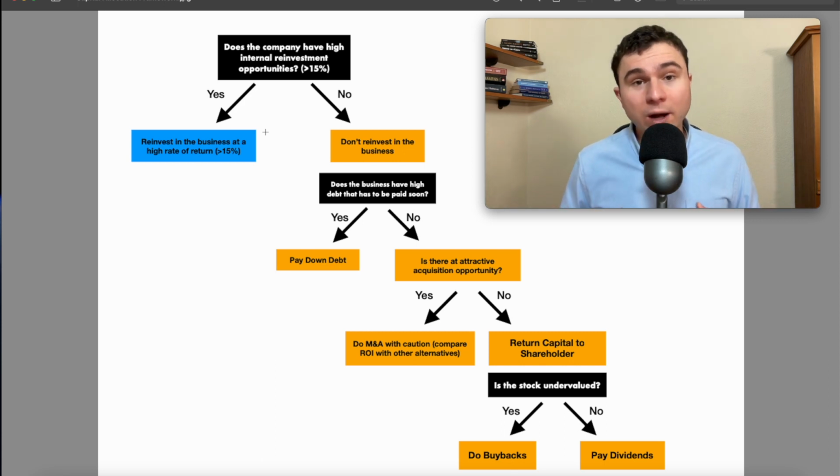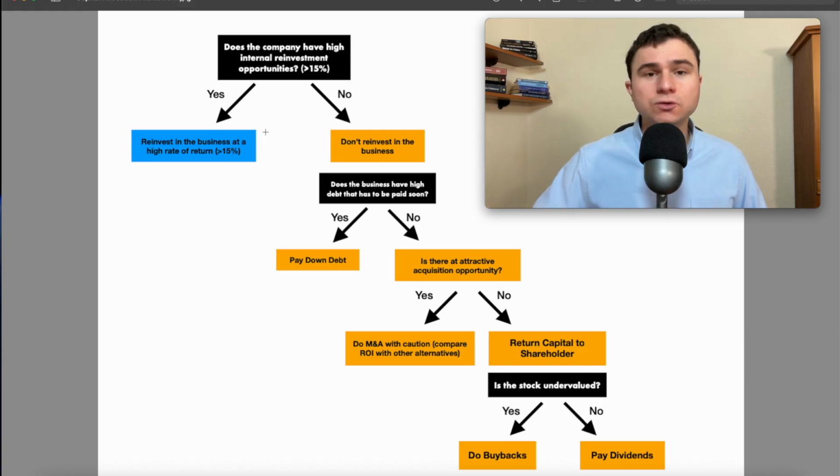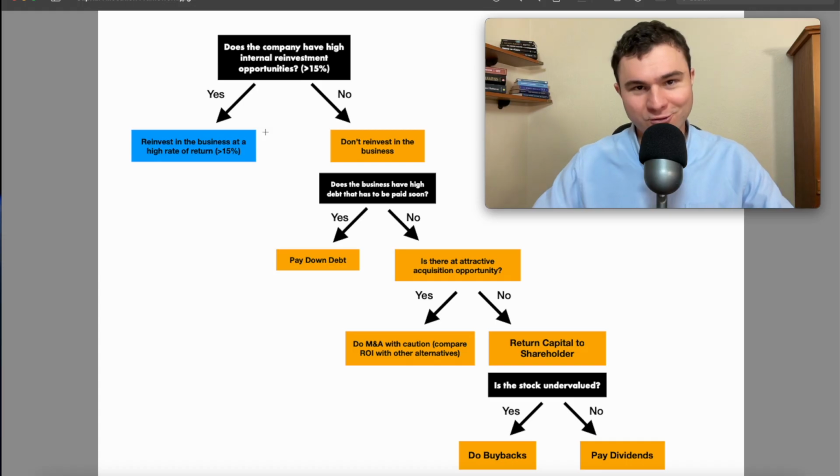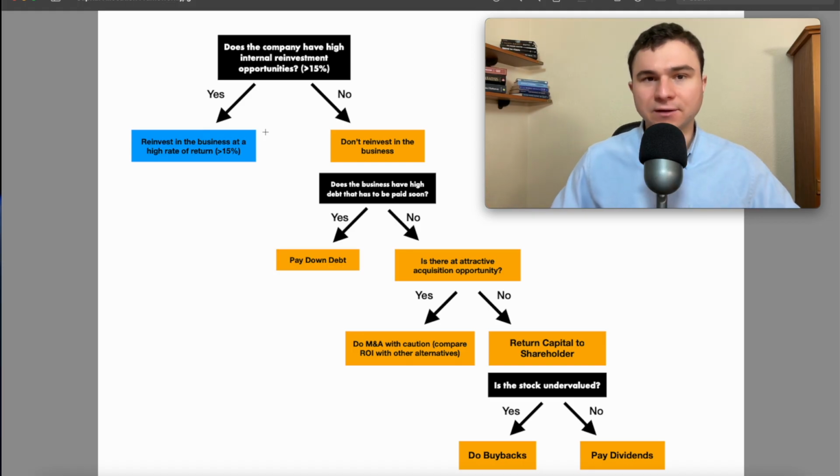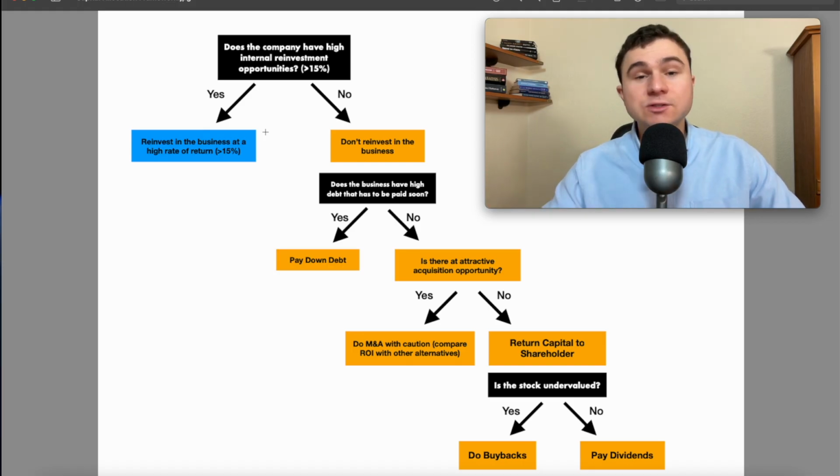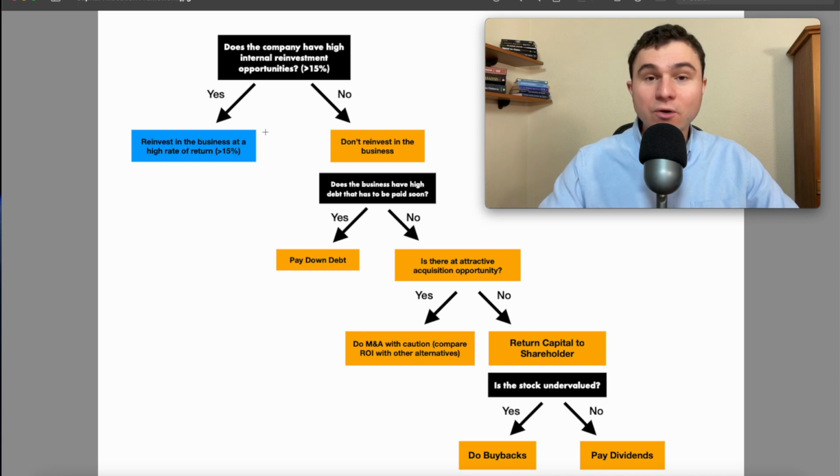I'm using the ROIC, return on invested capital, but you can also use other metrics, the return on equity, ROE, or return on assets, ROA, or return on capital employed, ROCE. You have plenty of metrics. I'm using the ROIC. You take into account the debt and everything. I like it better.